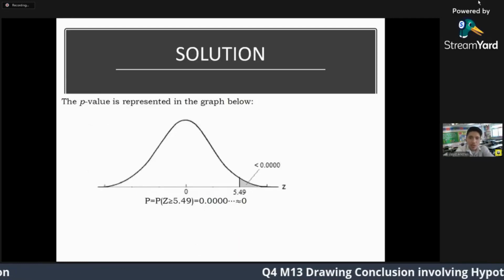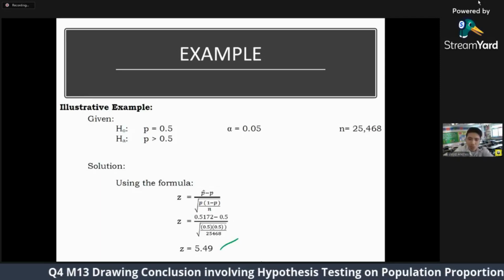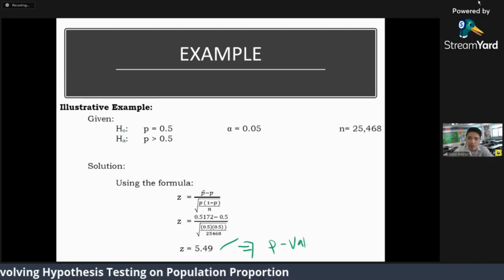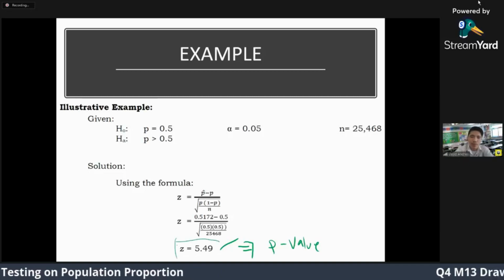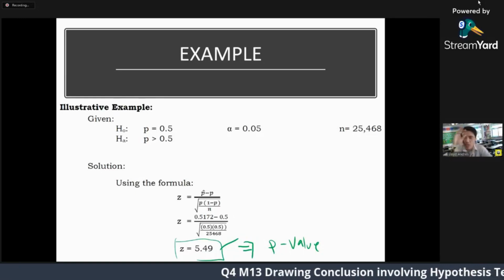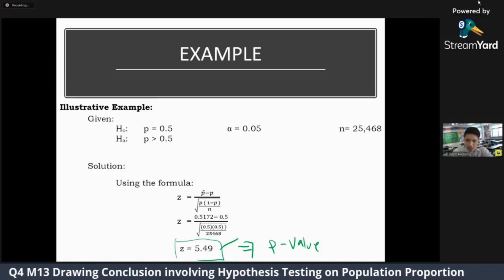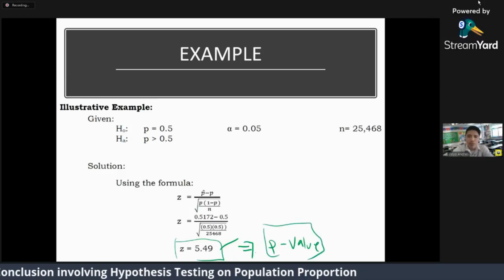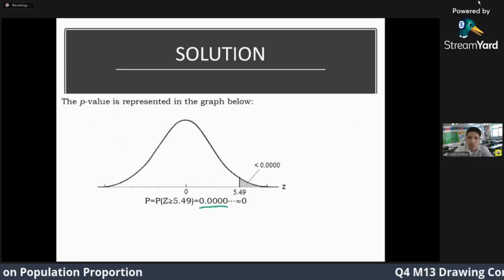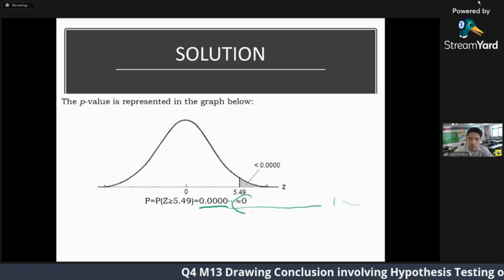So, with the Z of 5.49 as your computed value, you look for the p-value. Usually, when you use a statistical tool, you encode the data and the p-value comes out. The p-value for 5.49 is approximately 0.